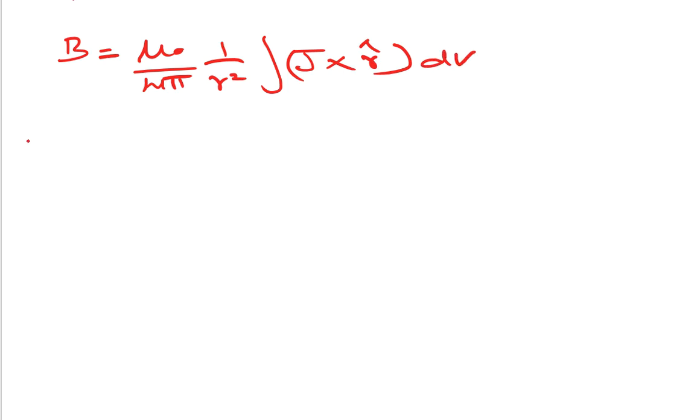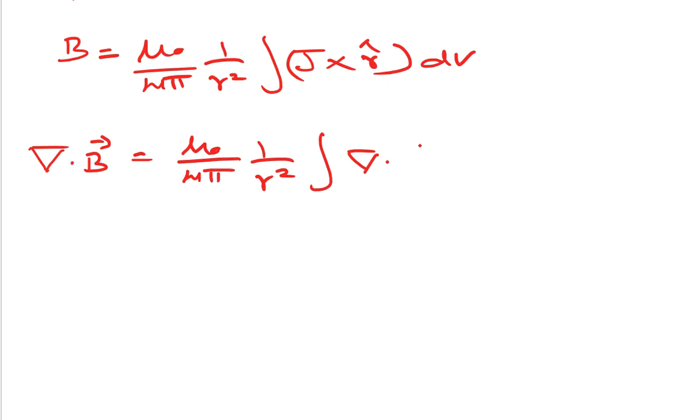Now take del on both sides. So divergence del dot B vector equal to mu naught by 4 pi 1 by r square integration del dot J cross r cap into dV. That will be equation 3.